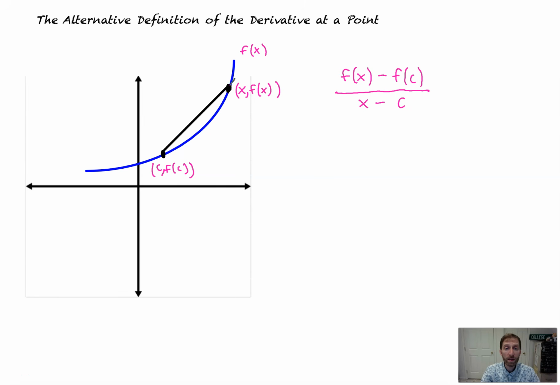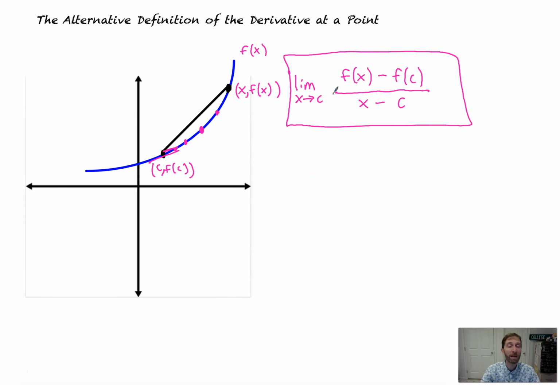Again, we want to bring this point closer and closer until the secant line really gets close to and basically becomes the tangent line slope. How do we do that? We need to take the limit as x approaches c. So as this x value approaches c, we will have the slope of that tangent line. And there you have it, peeps. That is the alternative definition of the derivative at a point.